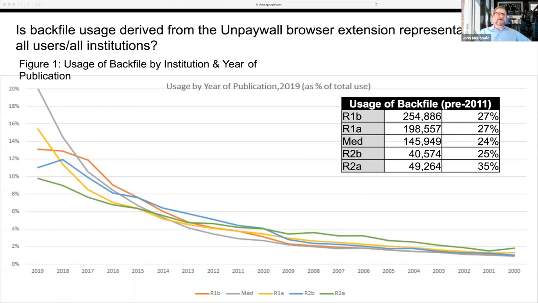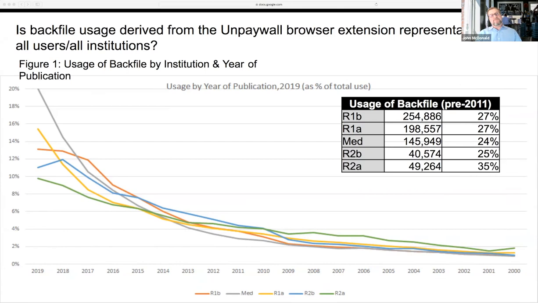So first on that first one, does that Unpaywall browser extension usage really reflect all users in all institutions? So what we did was we pulled in those JR5s, which is the usage, we used 2019 files for all 5 of our institutions.